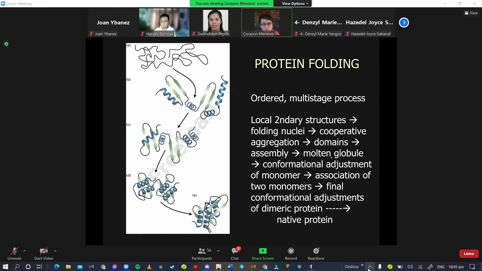But if this is a quaternary structure protein, then there should be the continuation of the association of two or more monomers, and then final adjustment of the dimeric protein. So this becomes dimeric because there are only two monomers or two polypeptide chains. Do you follow the steps?